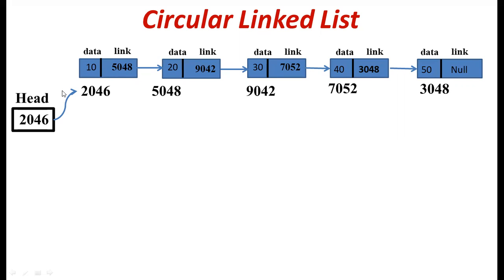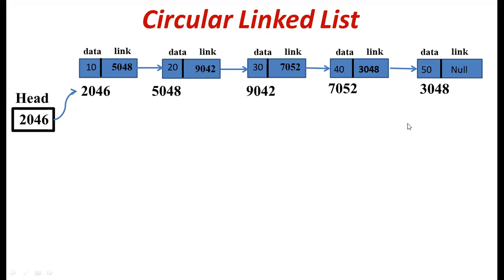Now to make this single linked list into a circular linked list, we have to make small changes. In the last node, the address part contains the value null, that is, this last node is not pointing to any node.